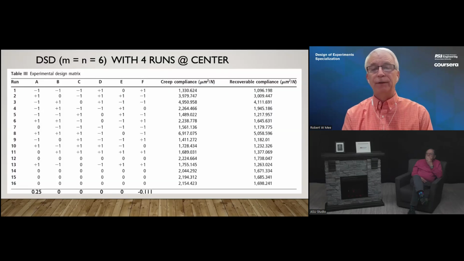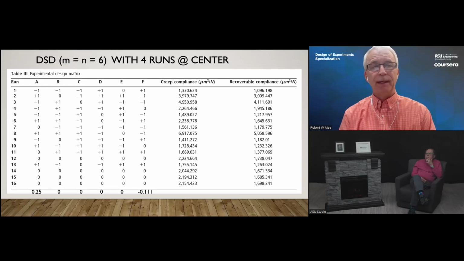Here is the design, apparently the order in which the runs were performed. You'll notice that there are 4 center point runs, run number 12, and then the last three rows. It appears as though this is the run order, although I'm not certain of that.